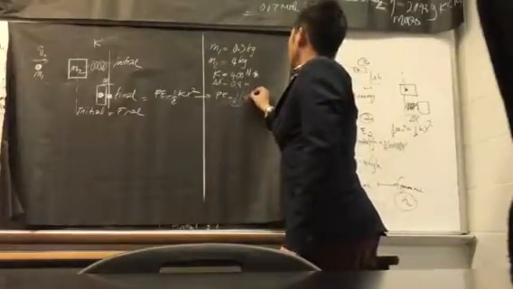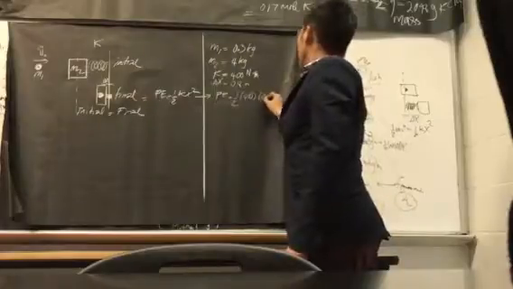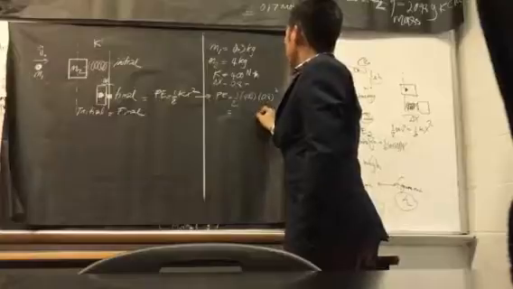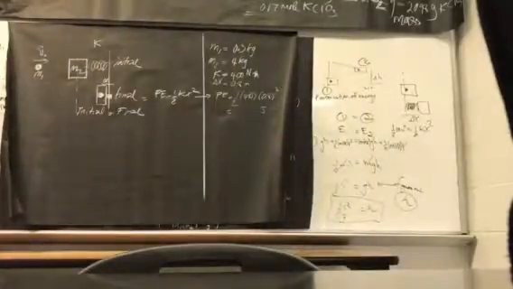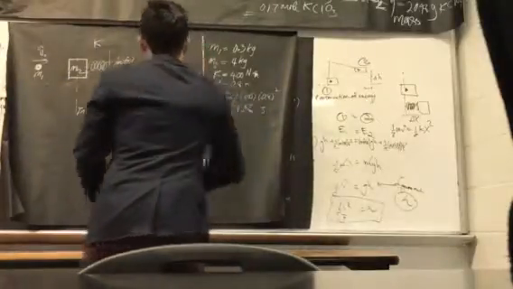What's my compression distance? 0.8, squared. Go ahead and give me the answer. 128. Did you get the same answer? Yes, 128 joules.